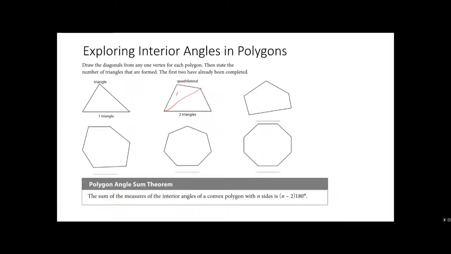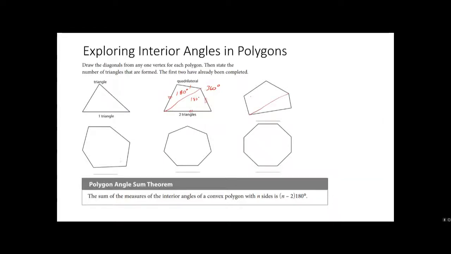So two 180s is going to give you a total of 360 degrees. Quadrilateral, quad means four, and we have 1, 2, 3, 4 sides.